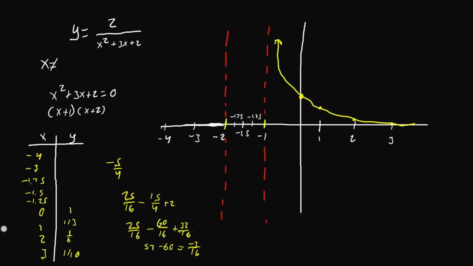And since we have 2 over negative 3 over 16, we can go ahead and see its value. So in order to do this, we're going to go ahead and convert this into multiplication. And by doing so, we're going to get 2 times negative 16 over 3, which is going to give us negative 32 over 3, which is like all the way down here, where it is equal to almost 11, 10.667.